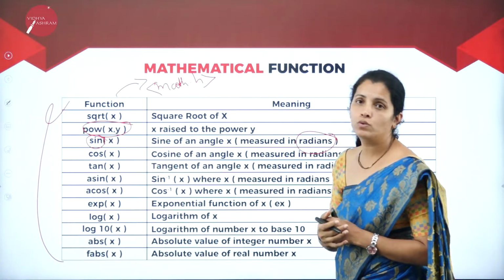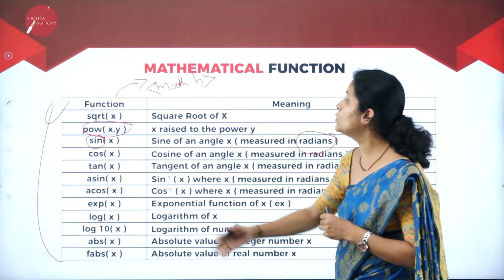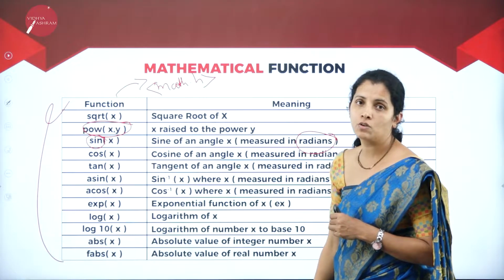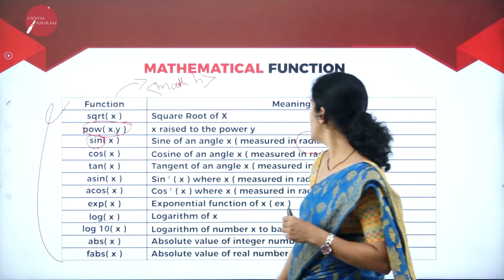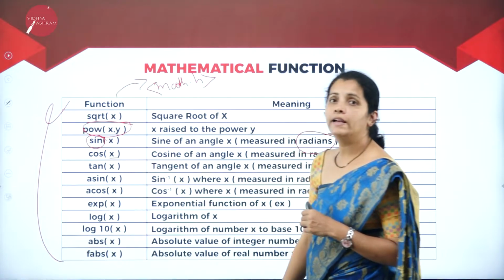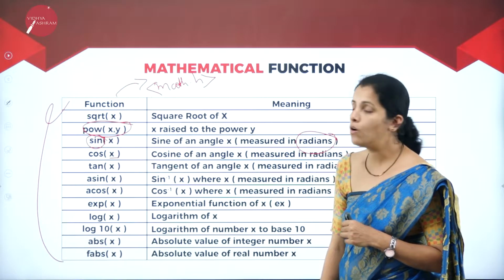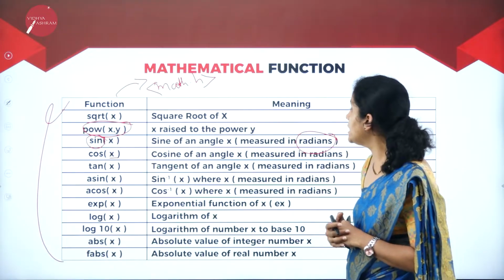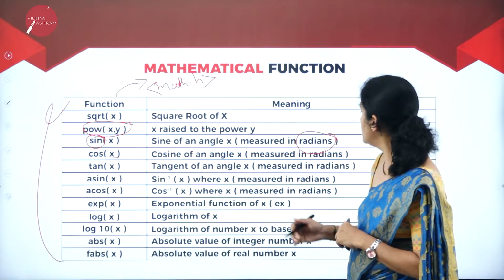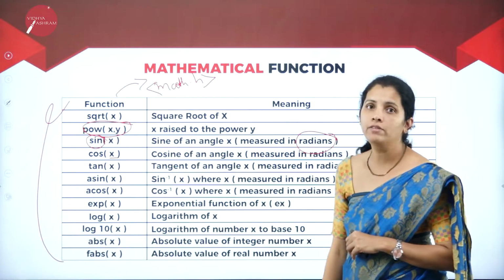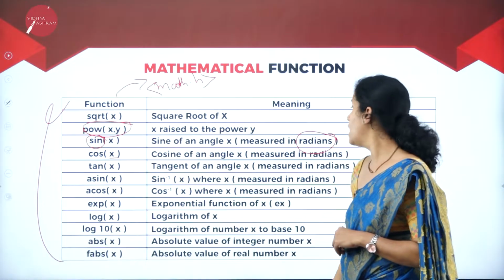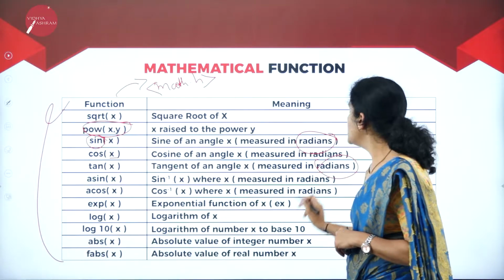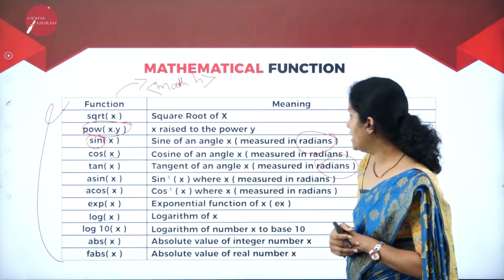And if I want to find the cosine value, I'm going to have the function cos and pass the variable x, measured in terms of radians. And if I want to find the tangent of an angle, once again I'm going to have the function tan x, measured in terms of radians.